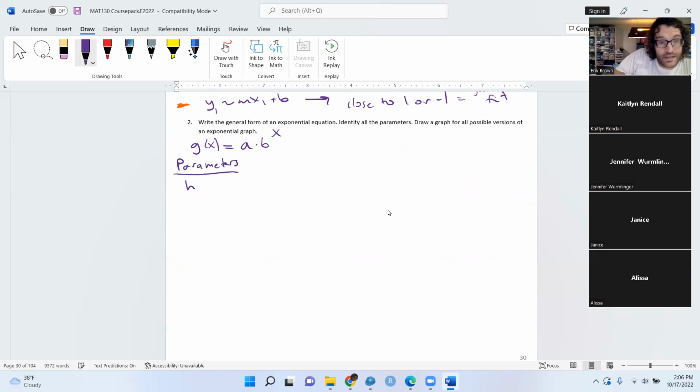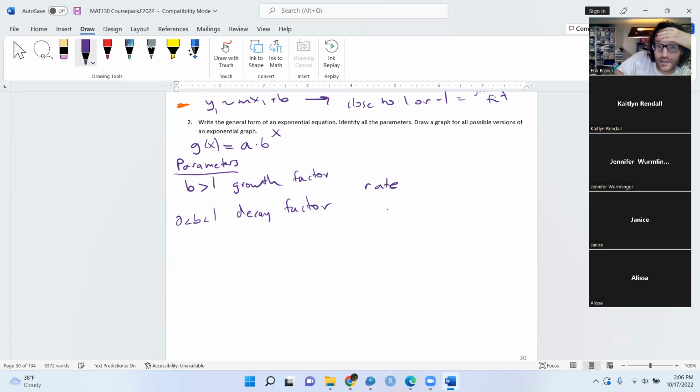If b is a number larger than 1, we call it a growth factor. If b is between 0 and 1, we call it a decay factor. And if we want to find the rate, the percent growth or percent decay, I'm just going to say rate here.